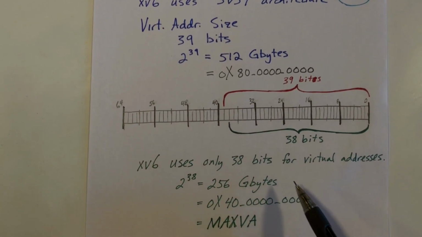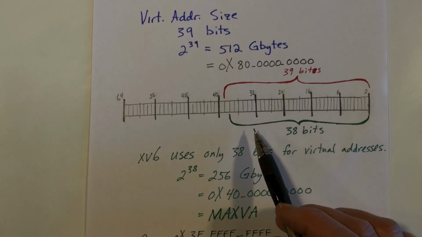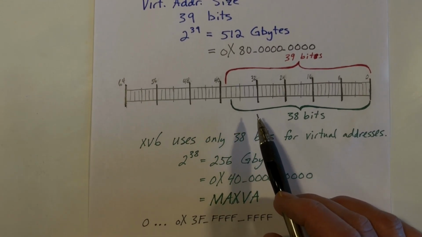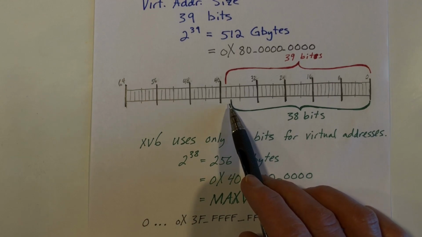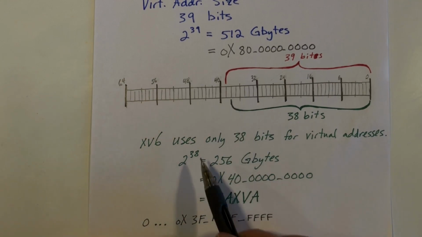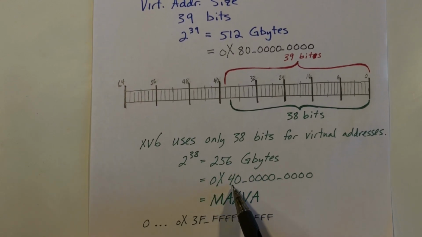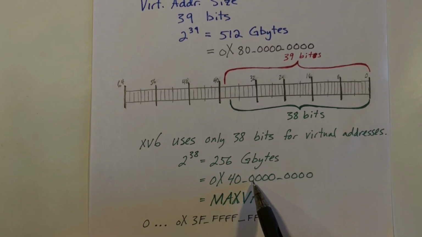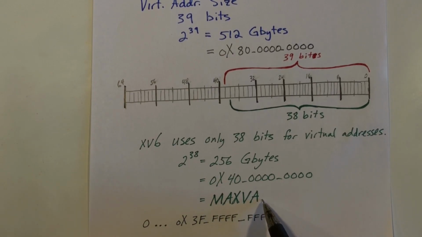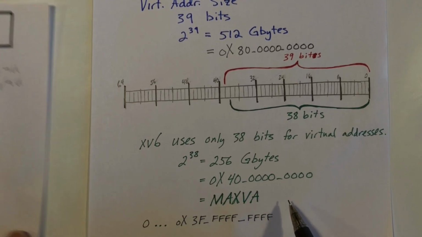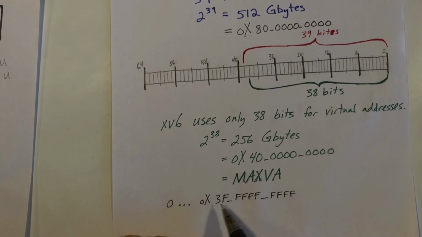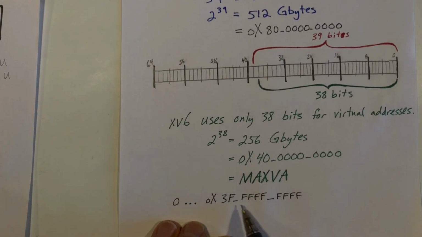It turns out that xv6 only uses 38 bits. Okay, it does not use the full 39 bits. It's 1 bit shy. And so 2 to the 38 is actually 256 gigabytes, and that number is 40000000. That is equated to our maximum number. So our address range is from 0 to 3F.